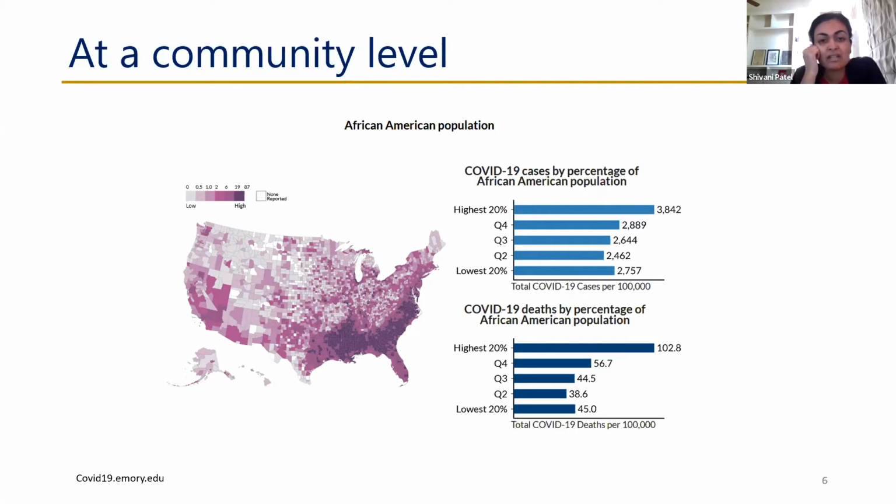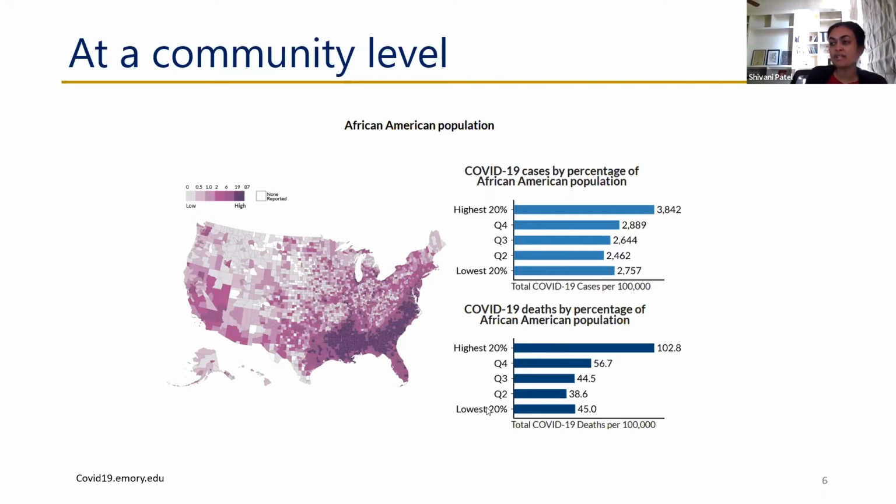What we see here is that in general, there is a tendency for the counties with the highest proportion of African Americans to also have the highest average COVID-19 case rates per 100,000. While there is a pattern, the lowest quintile defies that pattern a little bit, it is quite a pronounced pattern.